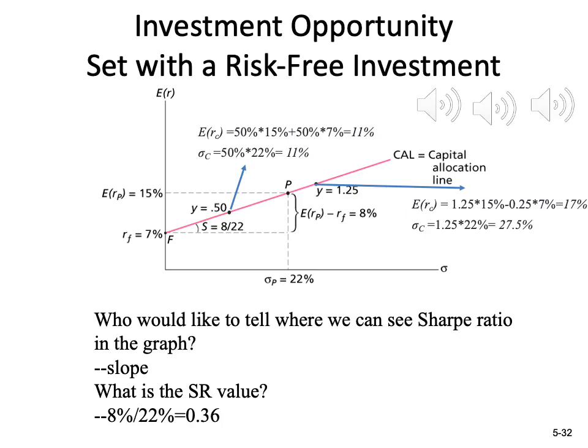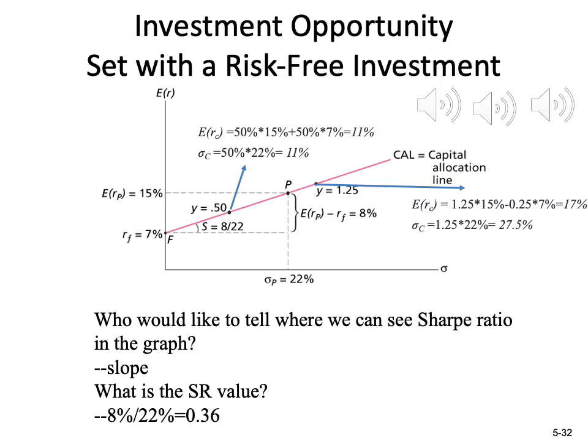You borrowed money from the risk-free asset and use the borrowed money to invest in the risky asset. When you borrow from the T-bills, you have to pay the interest, so the 7% is like your borrowing rate. You have to pay the return to the T-bills. So the complete portfolio's return is 17%.